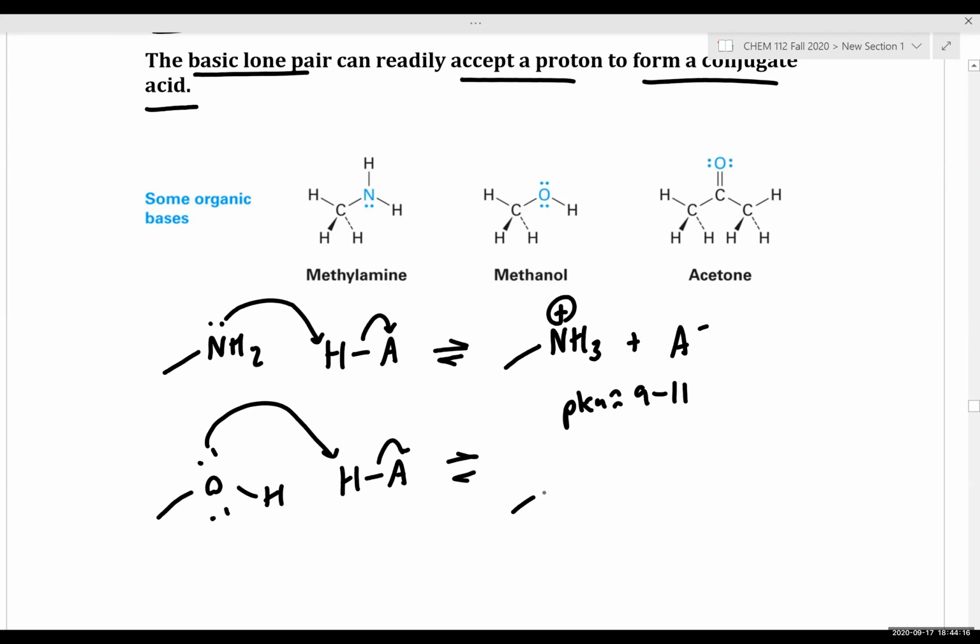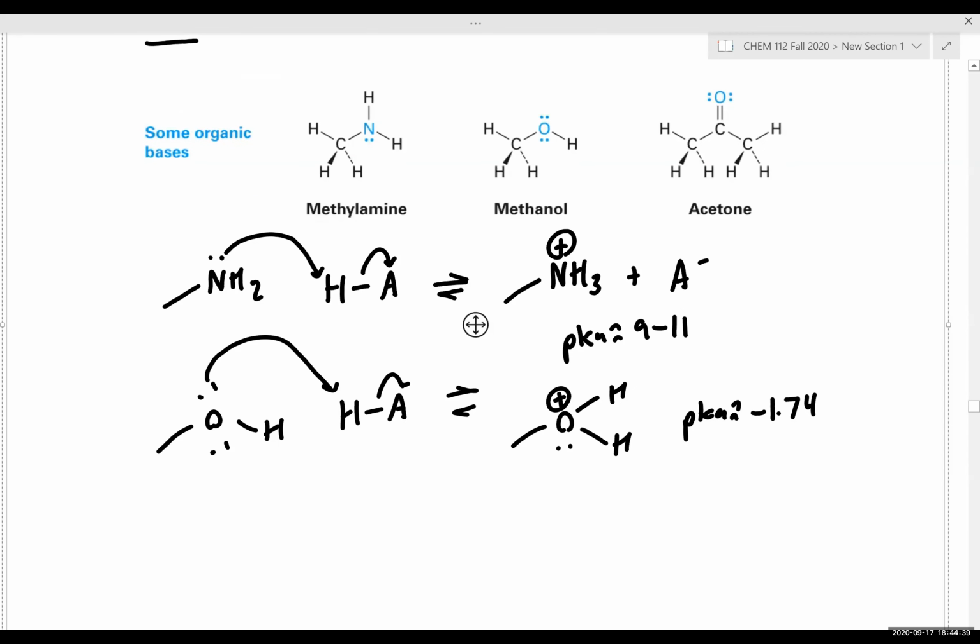Just as a refresher, what is the pKa value of a protonated alcohol roughly? Looking at the pKa tables that I gave you in the notes, it's about negative 1.74.